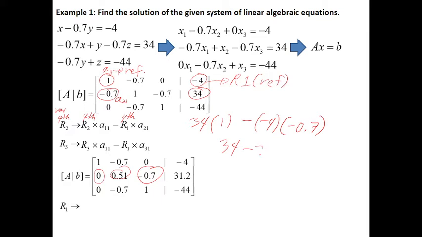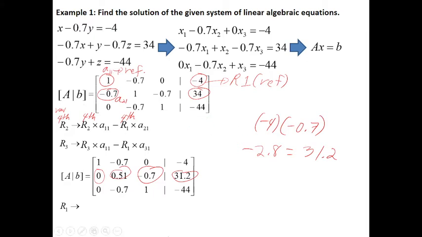Okay? Minus 2.8. That is 31.2. So, nakuha yan. 31.2.